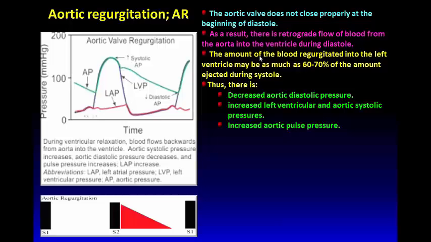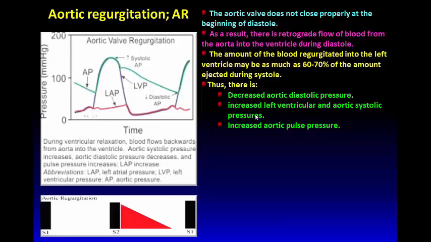As a result of that, the diastolic aortic pressure decreases, but the systolic pressure in the aorta and the systolic pressure in the left ventricle increase. How does this happen?